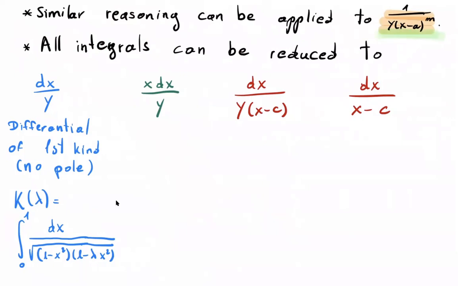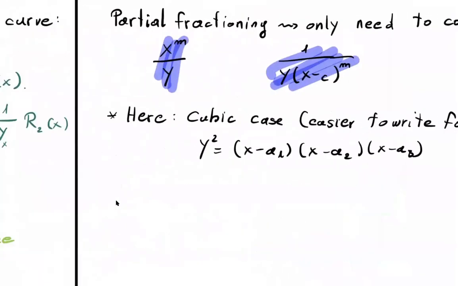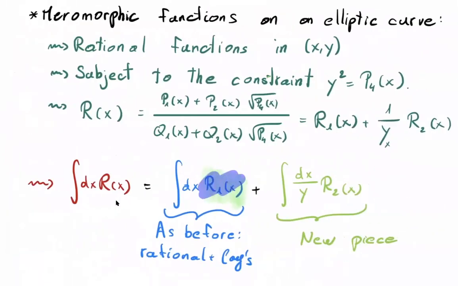But also for c equals 0, you would have what we had in the previous slide, which was dx over y times x, c equals 0. And I should also include this bit, because remember we had this piece with R1 before. There was this piece here, which we said gives me logs. So logs are integrals of dx over x minus something.